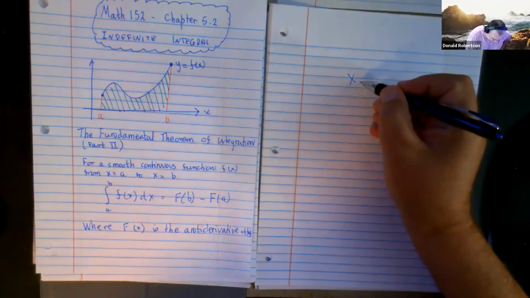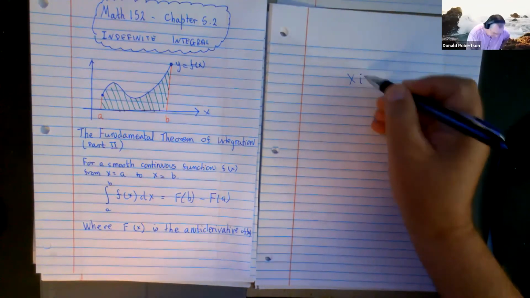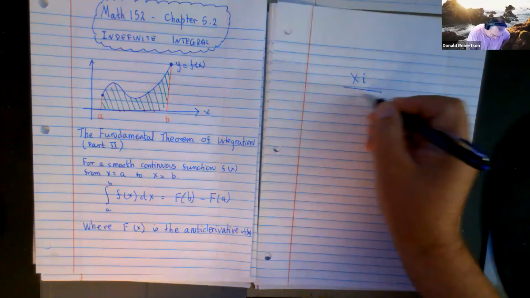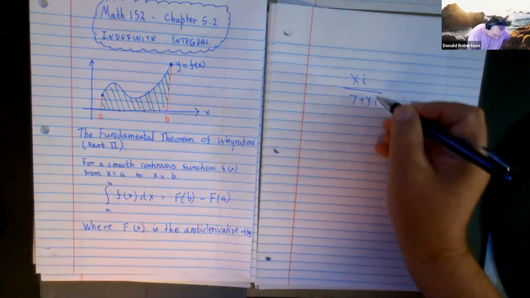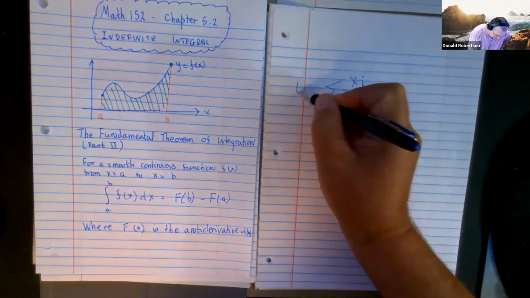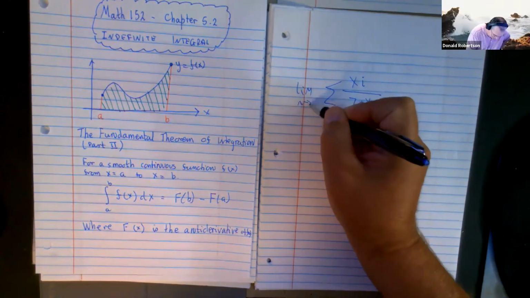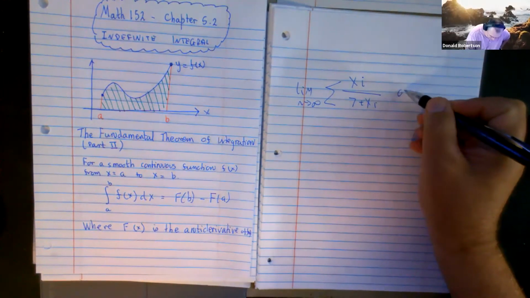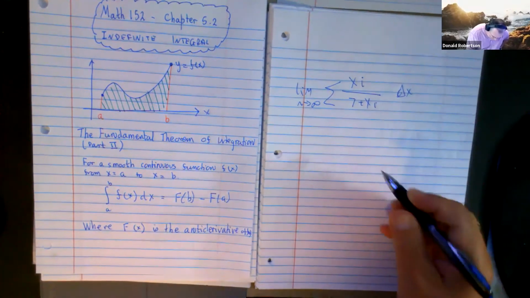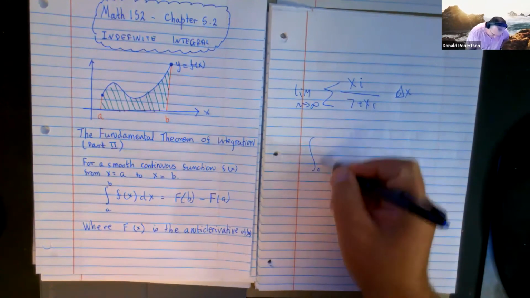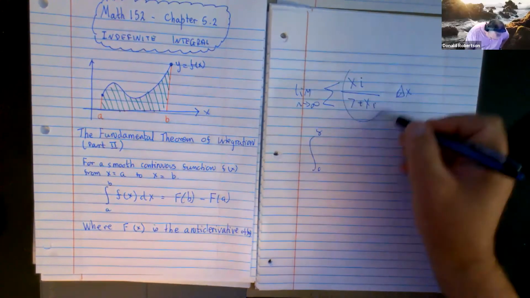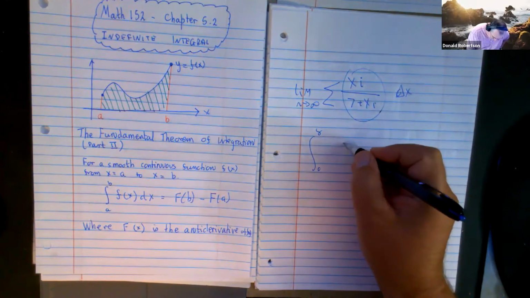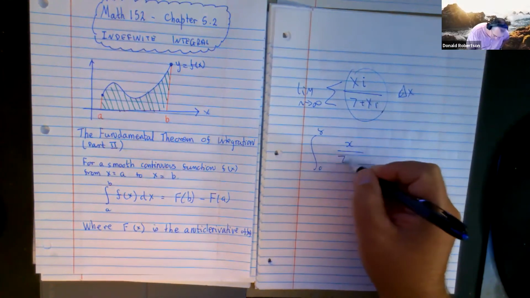In this question, you have an xi, and it looks like that. And it also has a sigma, and it has a limit as n tends to infinity, and it's got other things going on, right? And it's got a delta x here. We've already said that it's 0 to 8. This bit here is the function, and the function is actually x over 7 plus x.